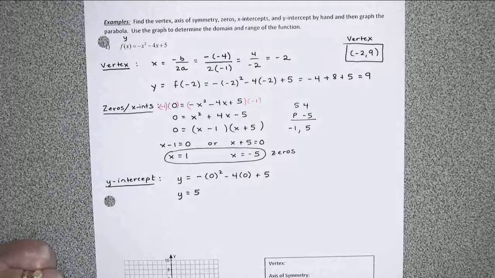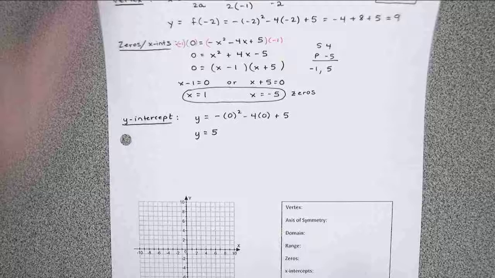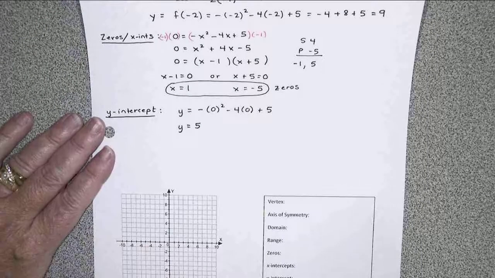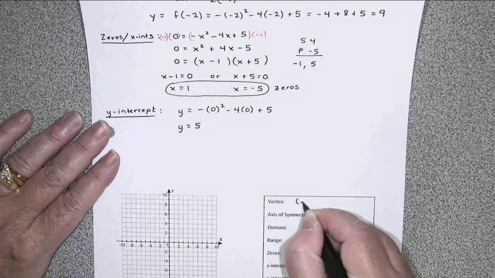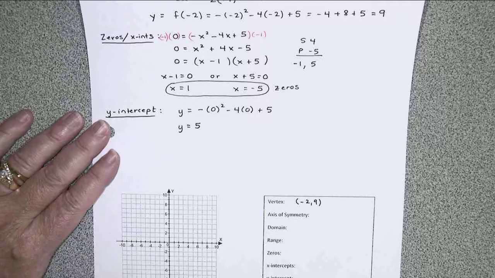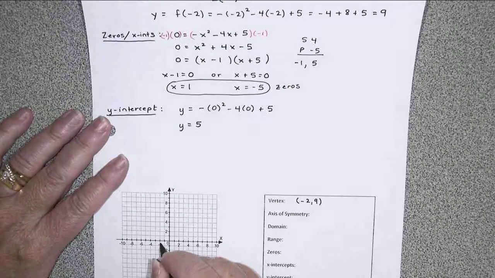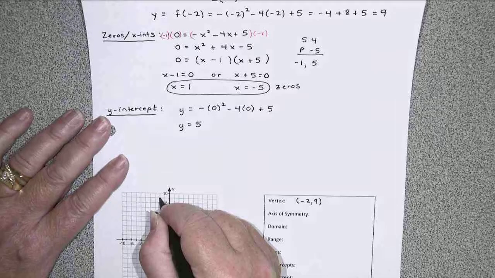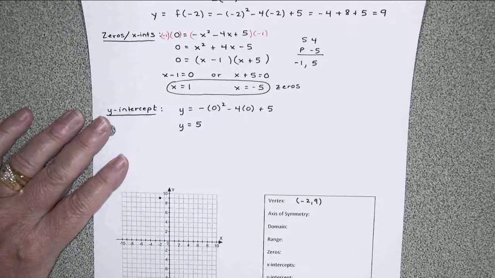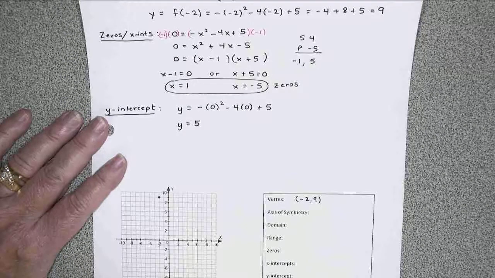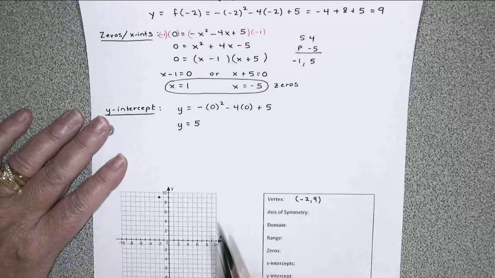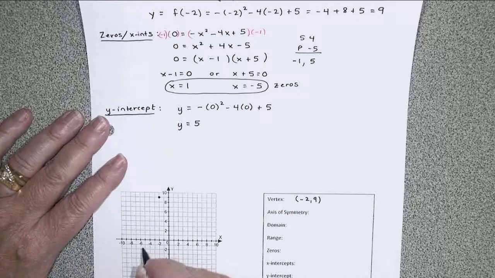All right, so I'm going to go ahead and put this information in down here. We already know the vertex was negative 2, 9. And let's plot that on our graph. Right there. We also know the zeros, which correspond to the x-intercepts, are at 1 and negative 5.